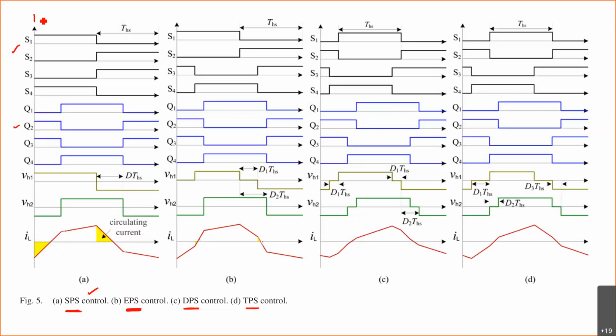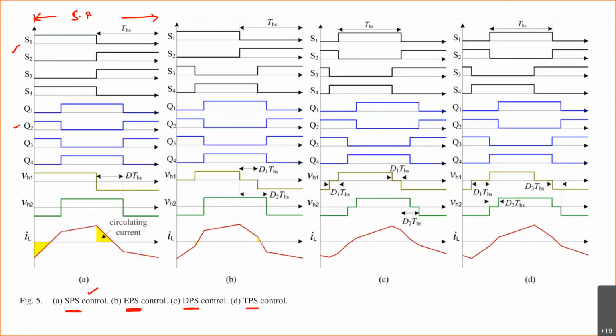This entire thing is one switching period, but to reduce the control complexity and for better understanding, we take half of the period, the half switching period, for analysis purposes. S1 and S2 are operated complementary, and there is a phase shift of 180 degrees between S3 and S4.